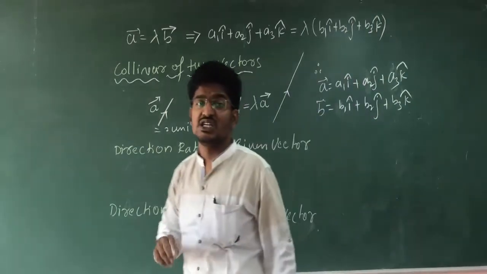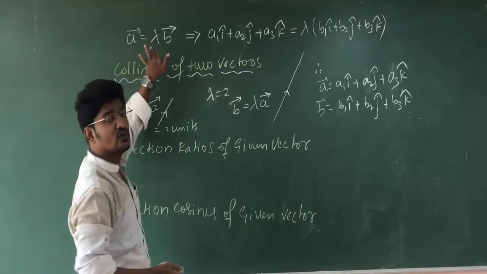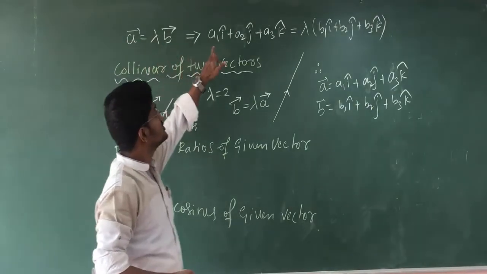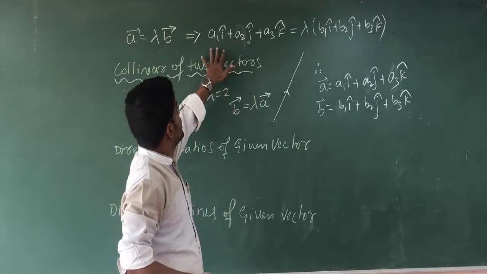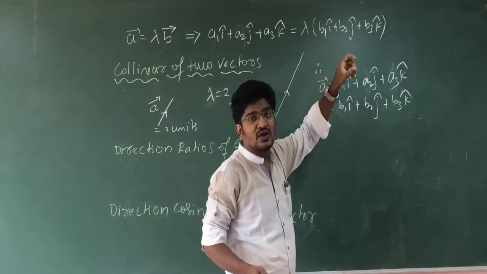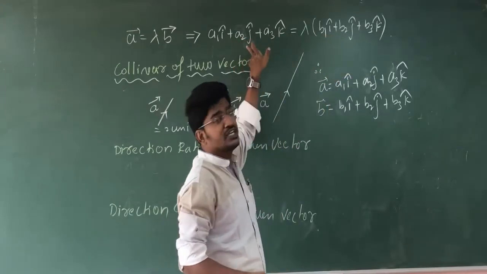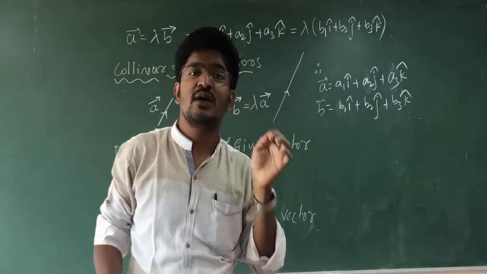I am using the condition of collinearity, that is vector A equal to lambda times of vector B. What is vector A? A1 i cap plus A2 j cap plus A3 k cap. Clear? So in the place of vector A, I have written vector A, and in the place of vector B, I have written vector B.